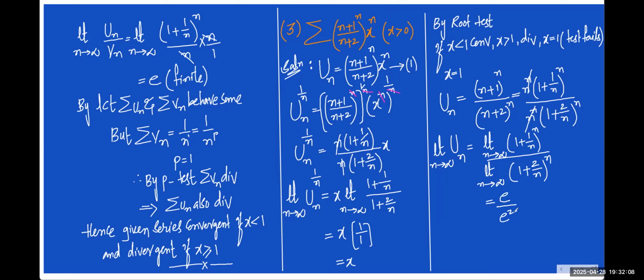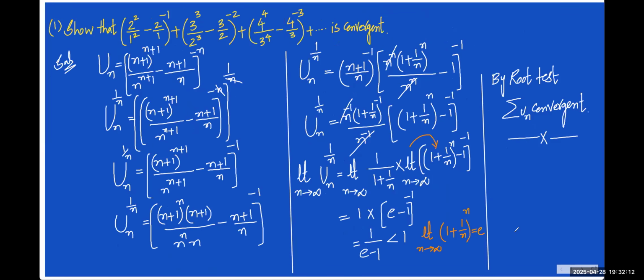You may have a question: how e square? I will give you the reason. Here, since 1 is there, the actual answer is e power 1. Similarly, how this formula works: limit n tends to infinity 1 plus, if I wrote here 2 by n whole to the power of n, now the answer is e square.